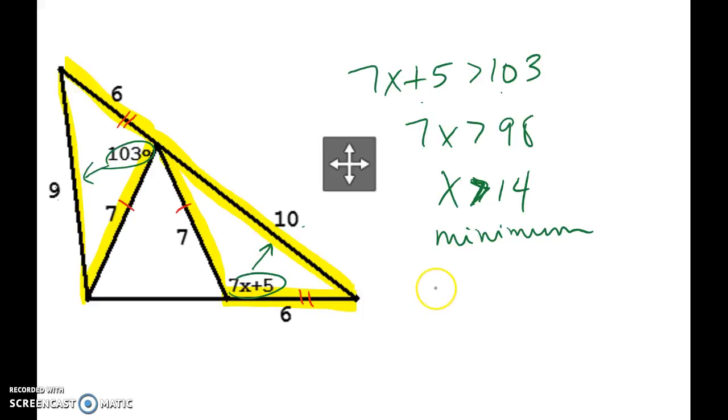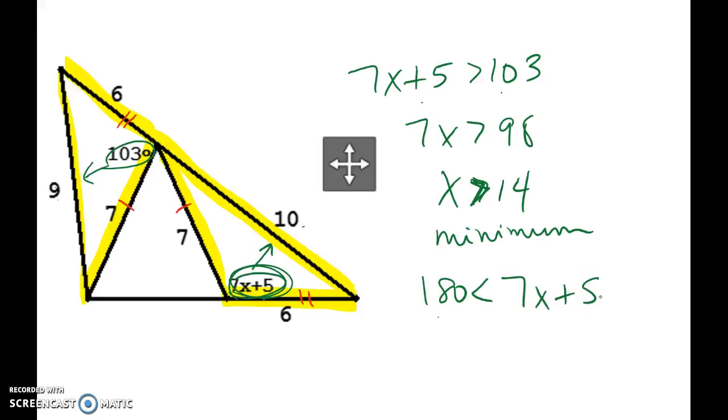Well, the max is, since we're inside of a triangle, the maximum angle would be 180, okay? So 180 has to be the absolute max, and since we already know that this one has to be greater than this one, I can set up a thing that says, hey, this is the bigger one, but it still can't be bigger than 180.